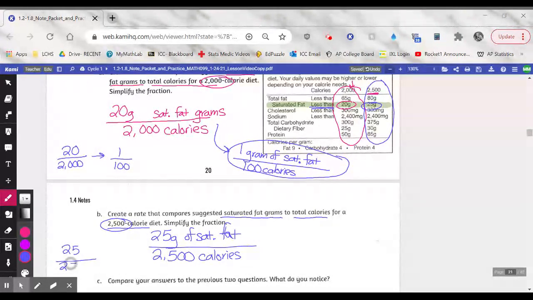So 25 over 2,500, and it will also give us 1 over 100. So we can see that this will simplify to be 1 gram of saturated fat for every 100 calories as well.